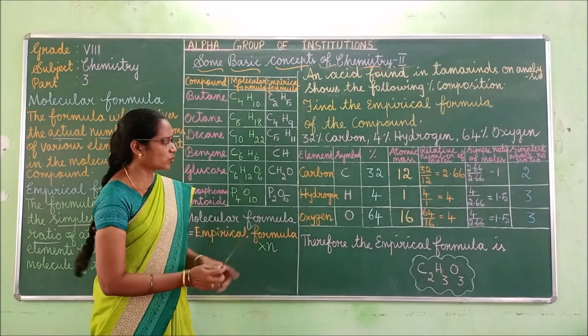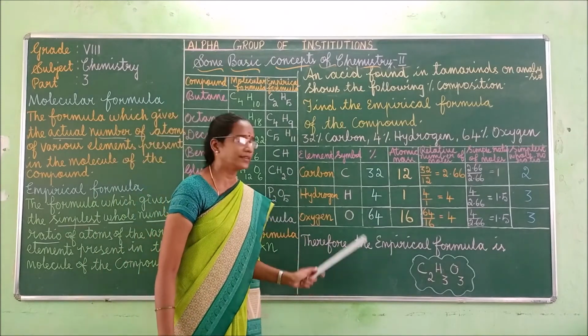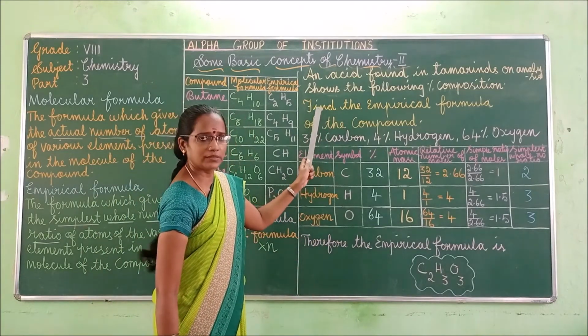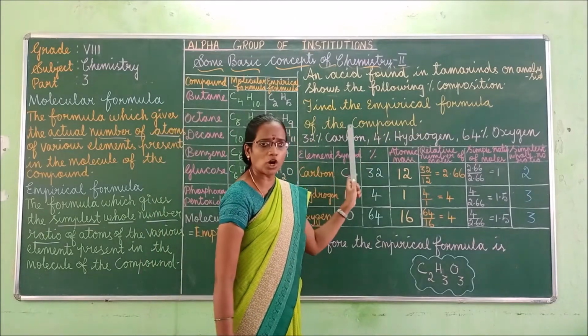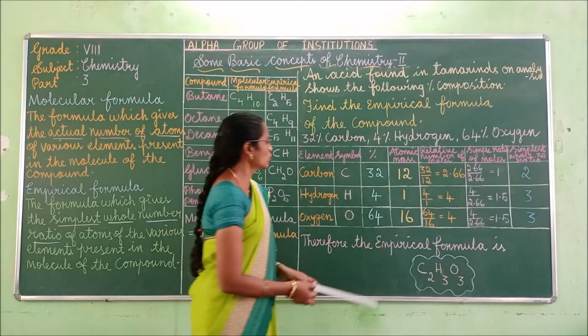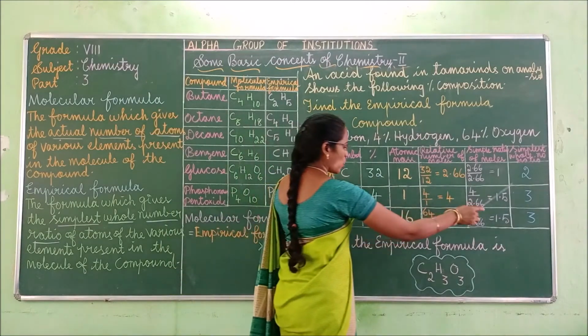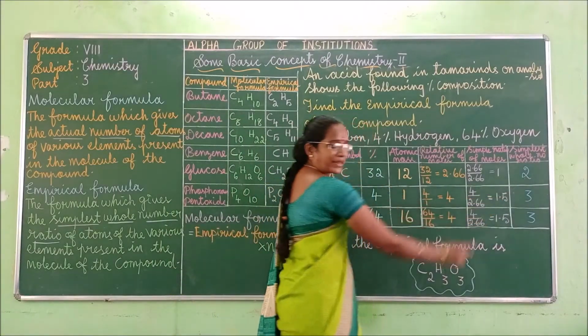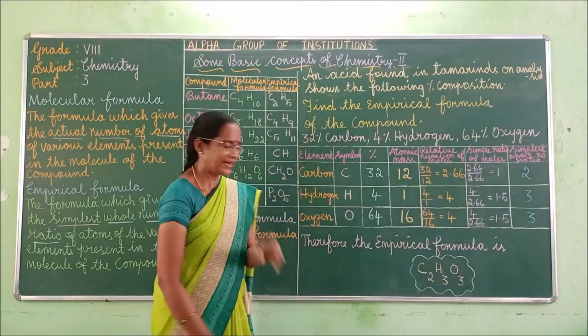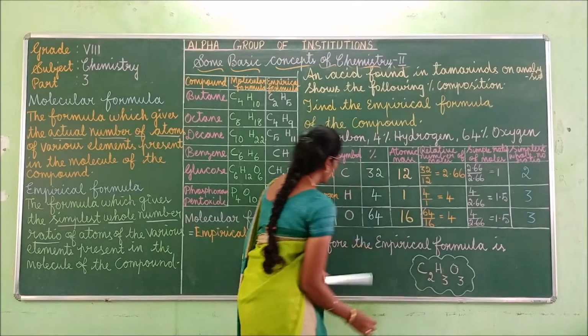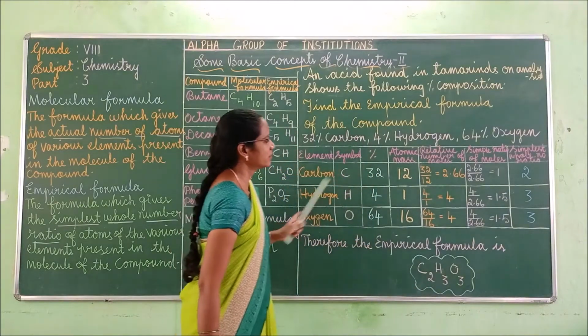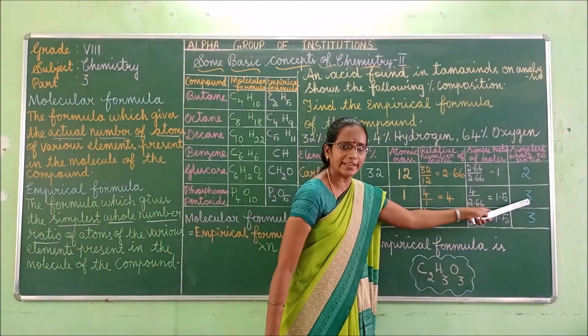Finished, isn't it? Next, what we have to do? We have to calculate the empirical formula. That's given in the question, isn't it? Find the empirical formula of the compound. So for carbon, what is the simplest whole number ratio? It is 2, isn't it? So C2. Next one, for hydrogen, what is the simplest whole number ratio?